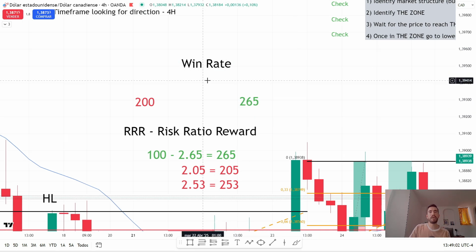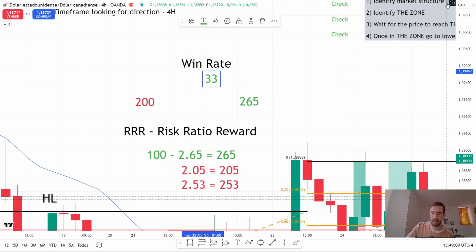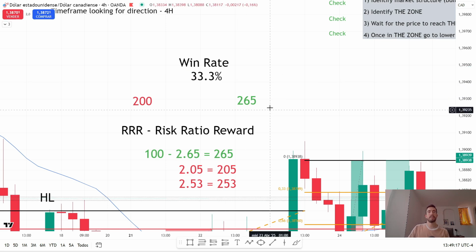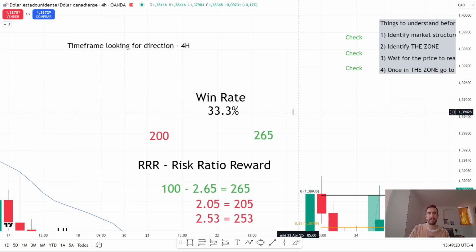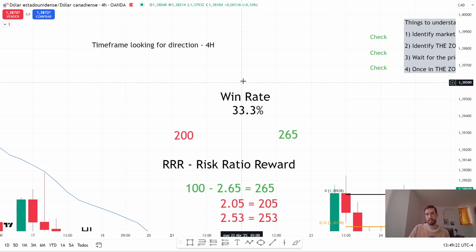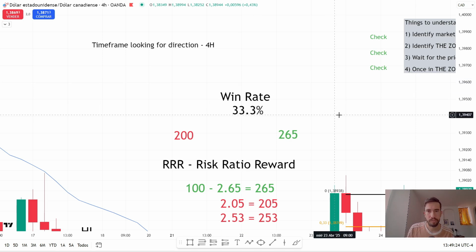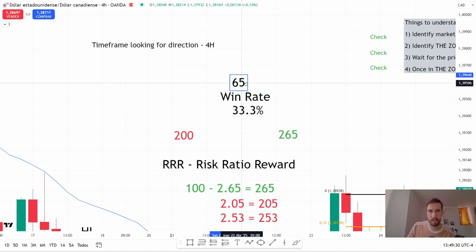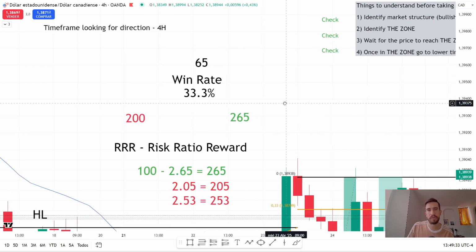So you have a win rate of 33.3% and still be profitable. You will be $65 on the PNL. Okay, so you will be winning $65, winning just a third of your trades.